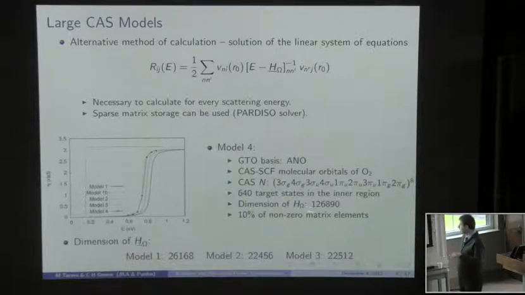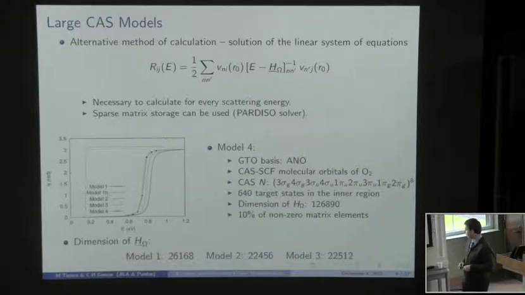And in this model, I was able to treat the Hamiltonian with this dimension, 126,000. And actually, the results were pretty much the same as this much more modest, much smaller model based on a smaller complete active space.